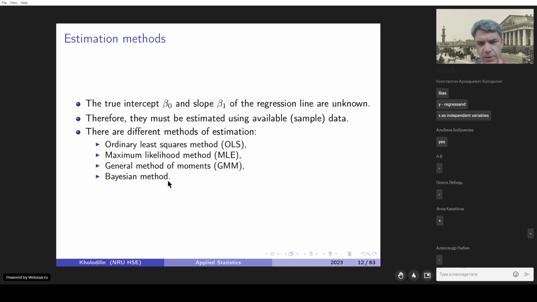Probably some of you have heard about it. It's often used in, for example, machine learning. But actually, OLS is also used in machine learning. Actually, all these methods can be part of machine learning. But we'll concentrate here on the ordinary least squares, the OLS technique.